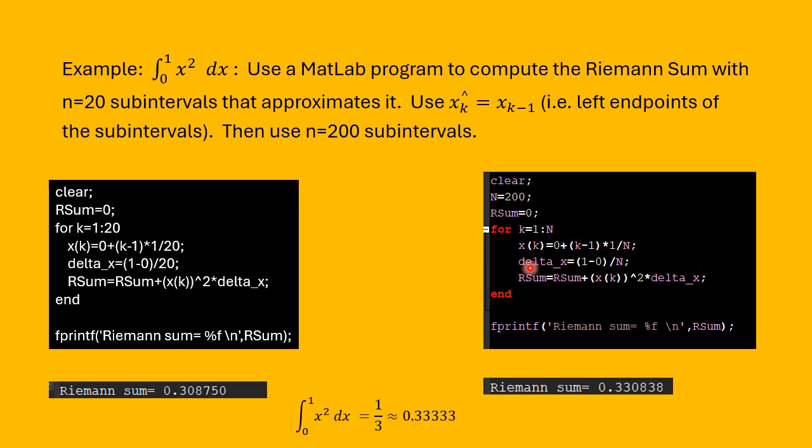And so the body of this for loop is executed 200 times. This is a little bit more general and easier to change for different values of n. If you want to see what happens with 300 subintervals, all you'd have to do is change this one line to capital N equals 300. And in that case, hopefully, you would see that we get a Riemann sum that is even closer to 1/3.